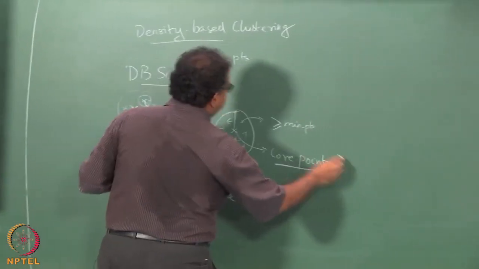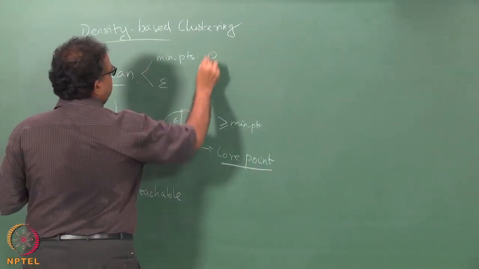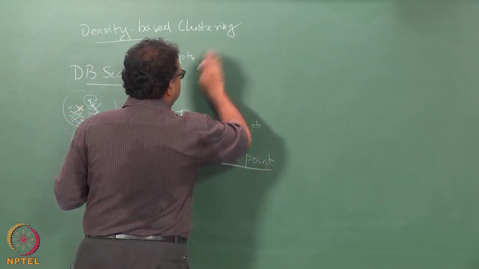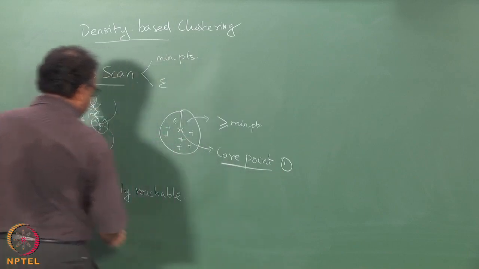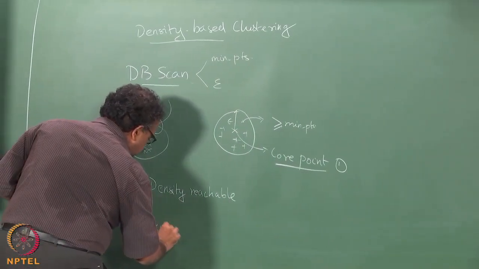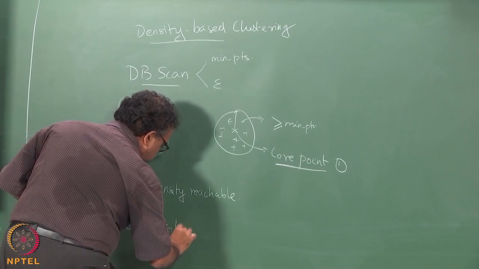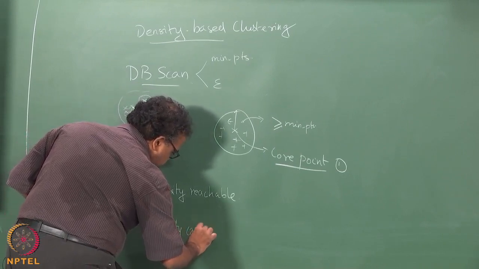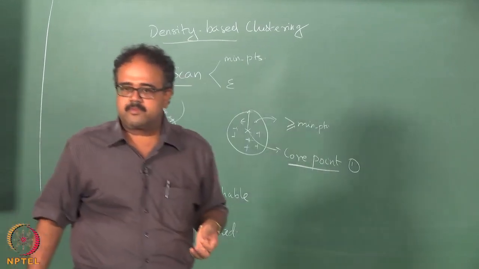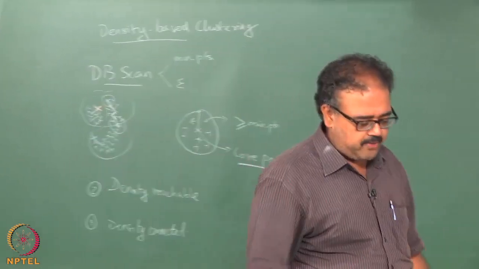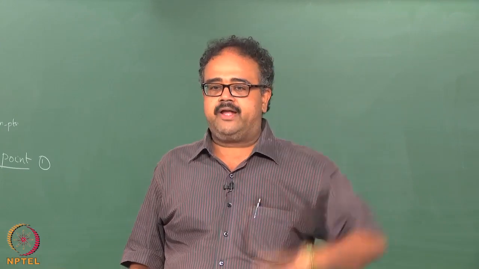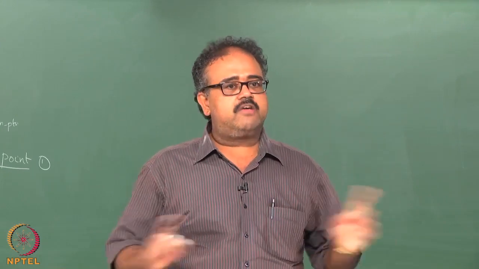So these are the definitions we have. This is the first definition: what is a core point? Second definition is density reachable. Third definition is density connected. Two points i and j are density connected if there exists a core point k from which both of them are density reachable.